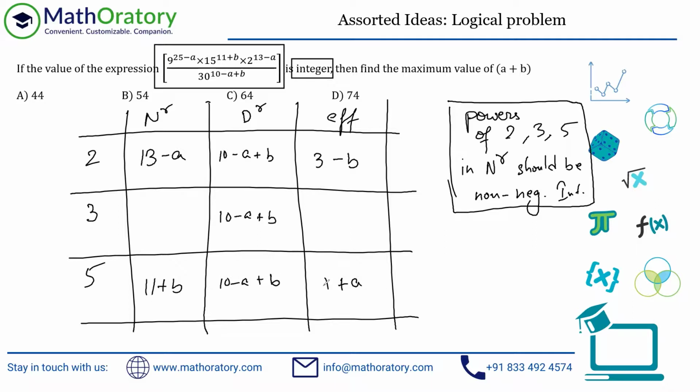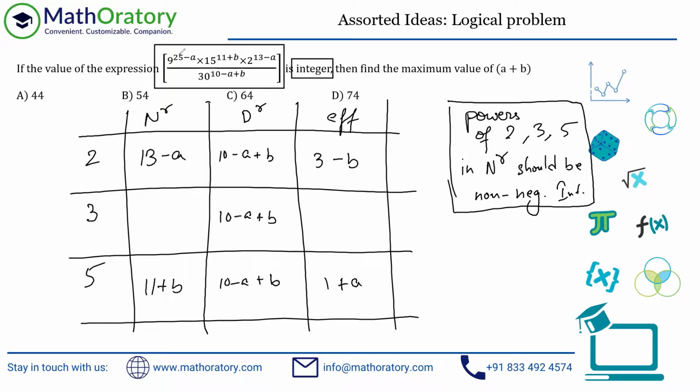What about 3 now? Check this out. This is 9 to the power 25 minus a. If I have 9 to the power 7, that will be 3 to the power 14, isn't it? Whatever the powers of 9 are, there'll be a couple of threes from each 9, right?